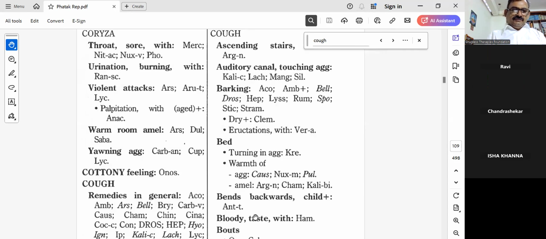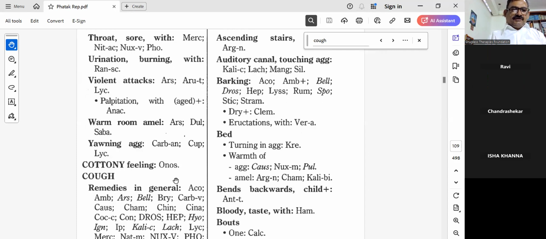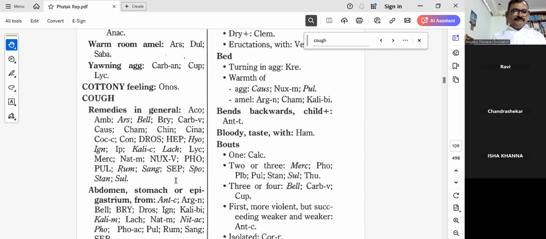Yes, you see, we have arrived at the cough. What are the general remedies for the cough? See, we have to listen very carefully when our patients are talking about their cough. So, general remedies in the cough.